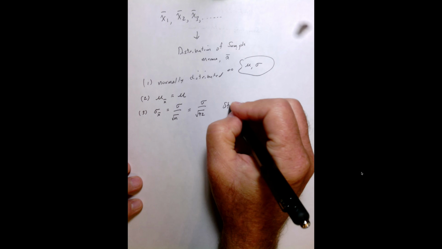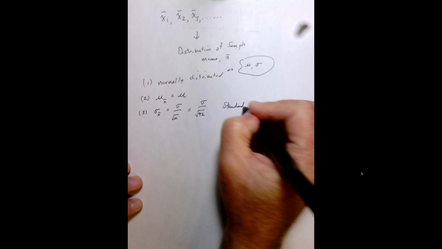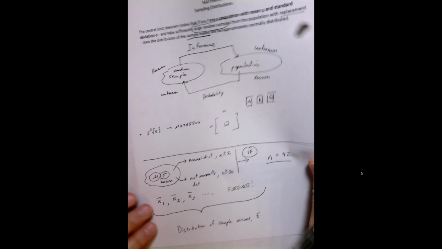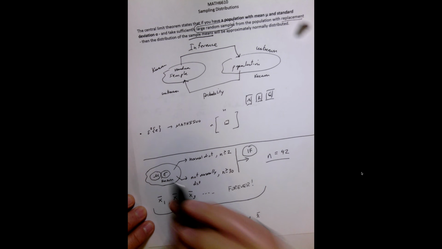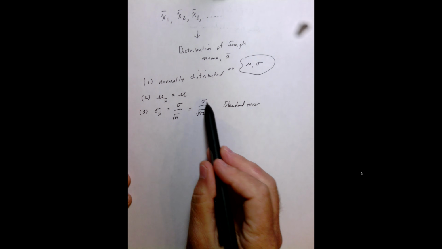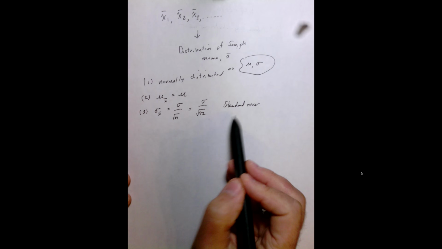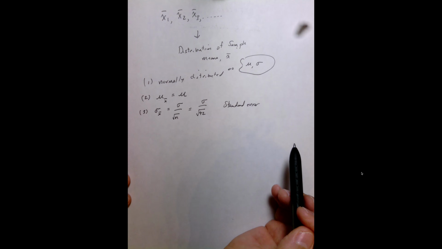And again, we call this the standard error. This thing back here is called the standard deviation. Once we divide by the square root of n and get into the distribution of sample means, this measure of variation, if you will, is called the standard error.